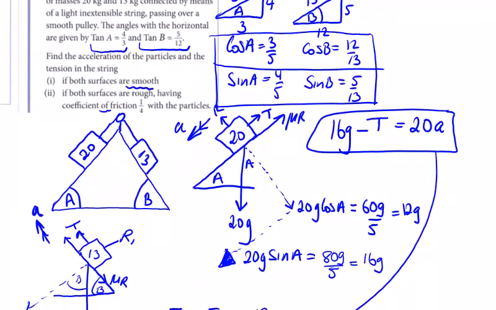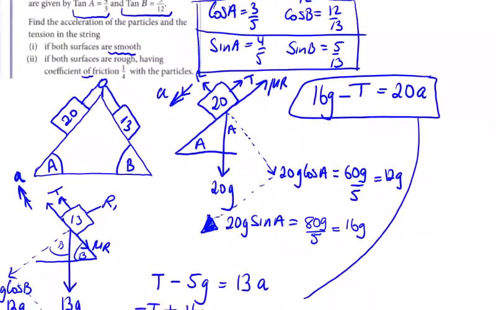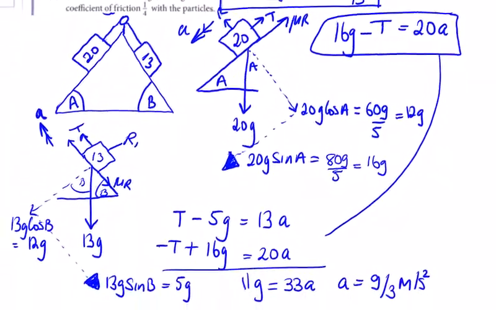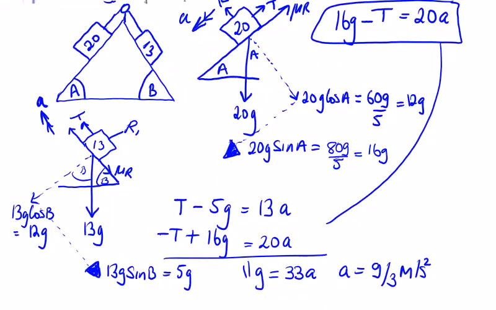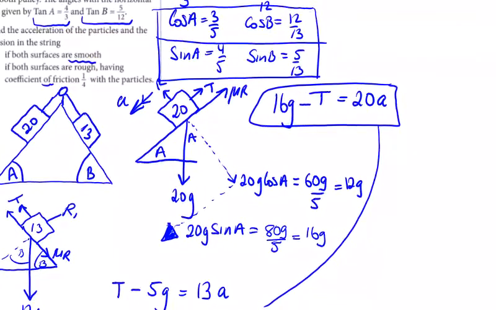And then if the surfaces are rough, having coefficient a quarter, our equations will change slightly. Let's see how. We do it in a different color. So for my 20, mu R is in the same direction as T, so I'm going to have to work out mu R. R is equal to, what's going down this way? 12G.